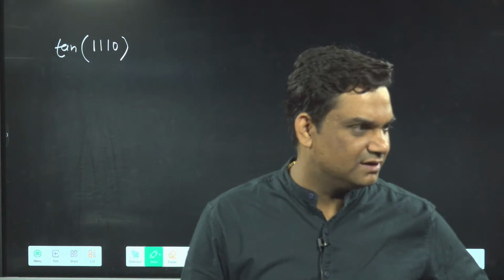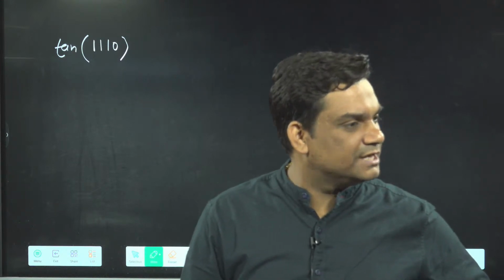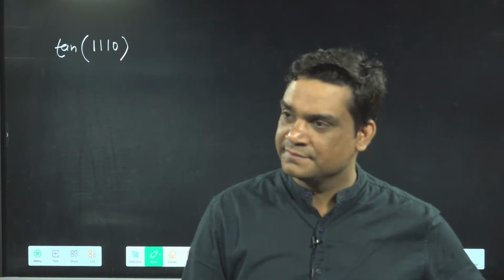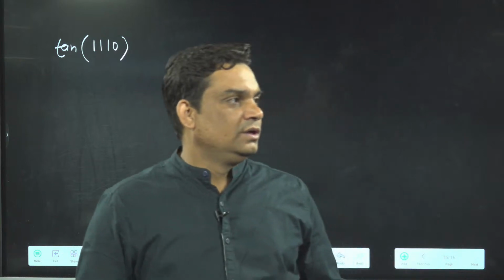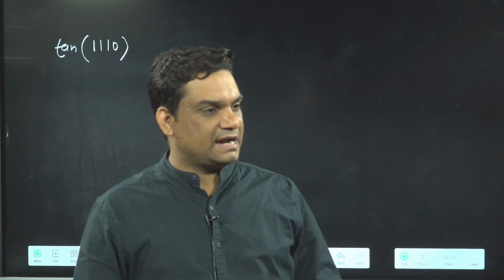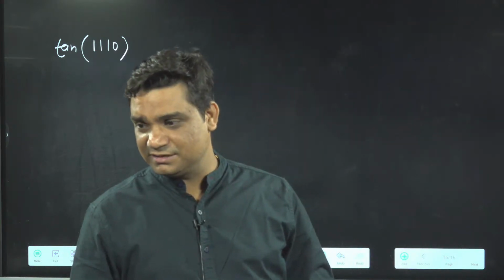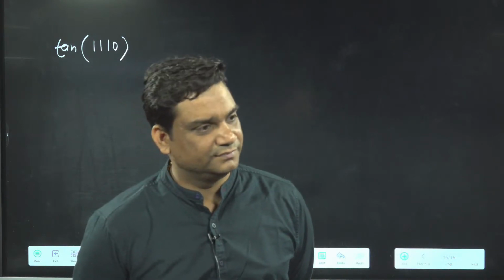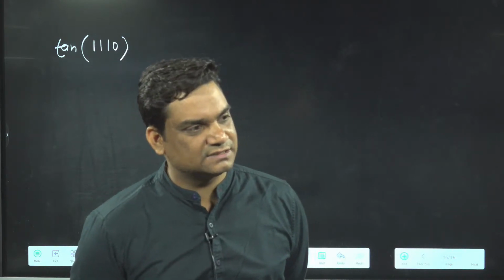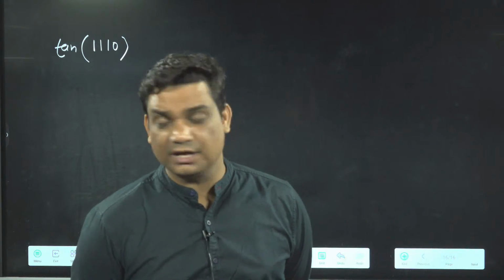After this we are going to 75 and 15 also. That's very simple. 1110. You will keep on subtracting 360 till it becomes less than 360. 1 by root 3. Suhas told the answer, 1 by root 3.